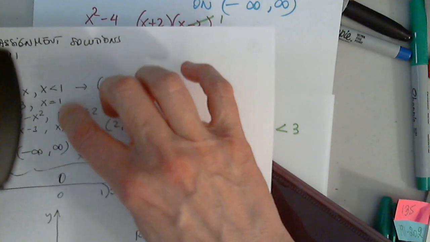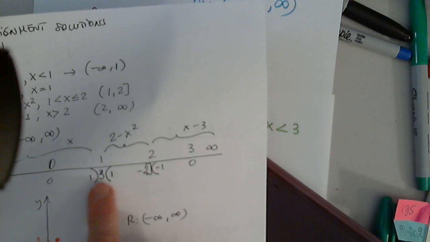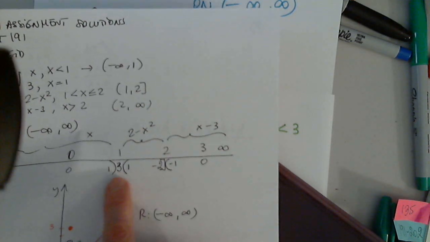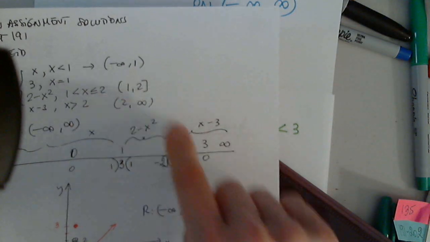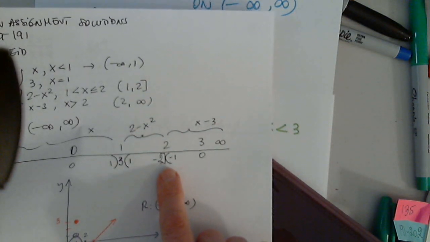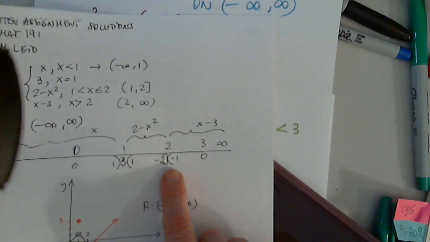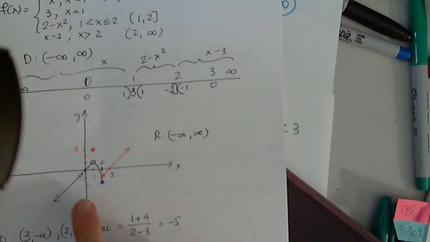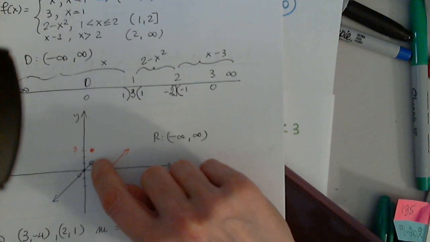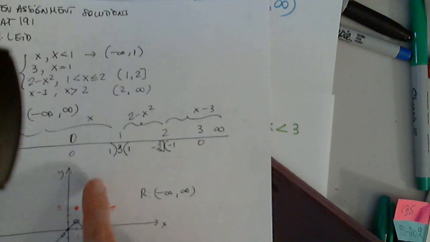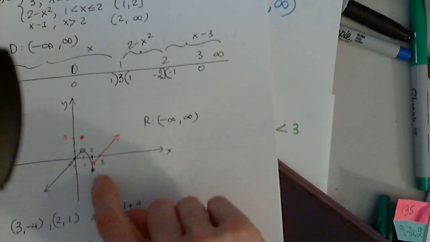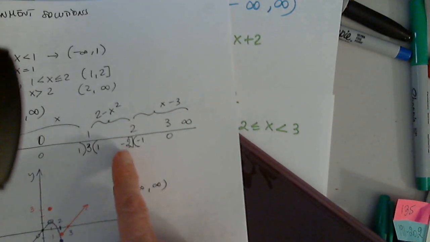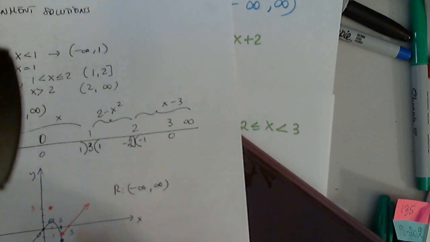At 1, look what happens. There is no problem here, but there is a potential problem at 1. And of course, there is a potential problem at 2, a big one. So that's why this function is not continuous at 1, because these 3 pieces are not the same. And it's not continuous at 2, because these 2 pieces are not the same.